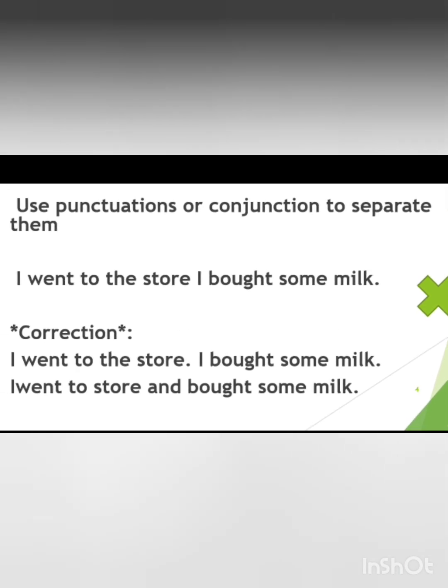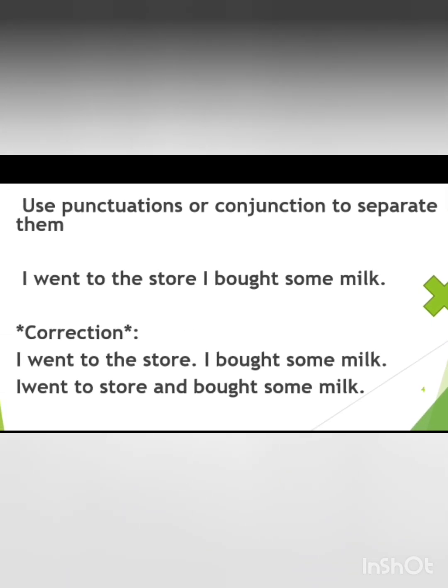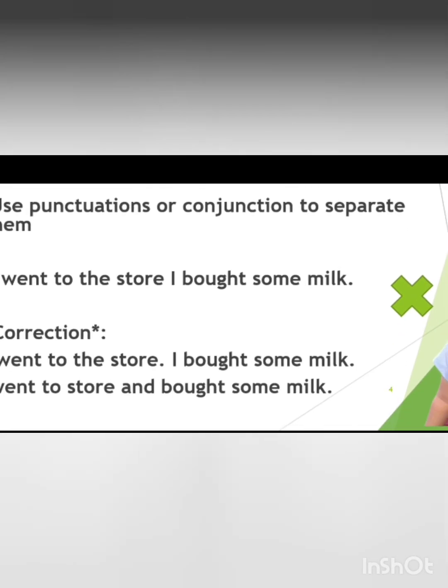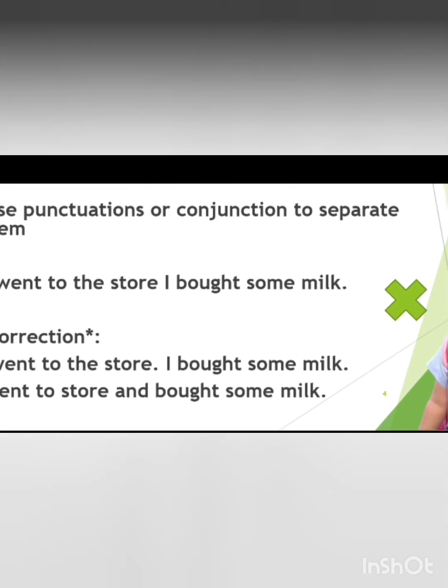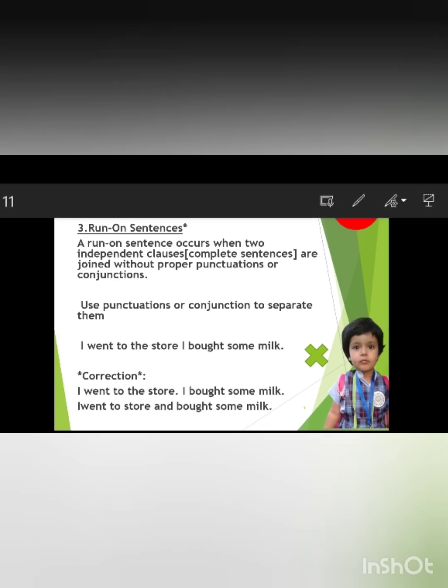For example, I went to the store, I bought some milk. This is wrong. Either you write some punctuation or you use the conjunction, that is and, like I went to the store, full stop, I bought some milk. Two different clauses. Now the second sentence, I went to the store and bought some milk. So and is the conjunction here. So this is called a run-on sentence.